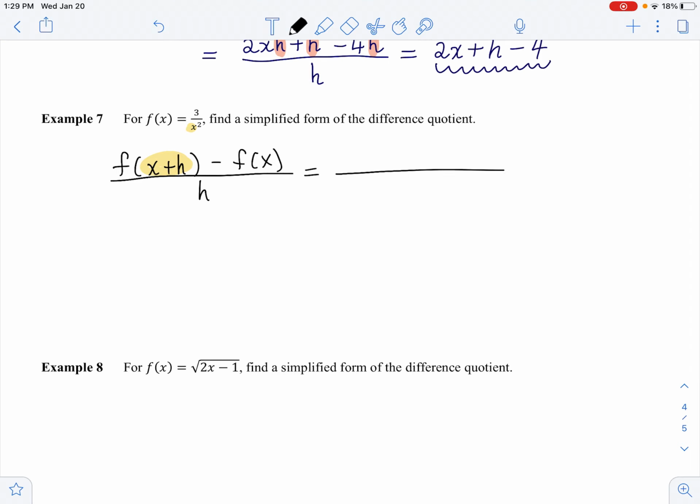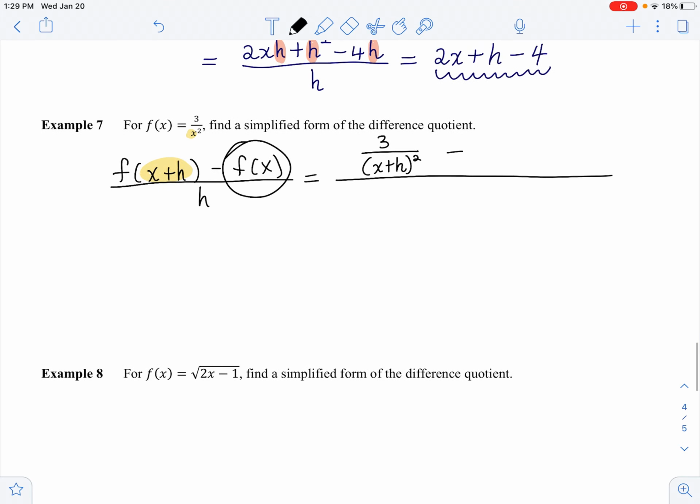So the first thing on top of the fraction will be 3 over x plus h squared. Minus, I need to subtract f of x, which is simply 3 over x squared, and I'm dividing all of them by h.